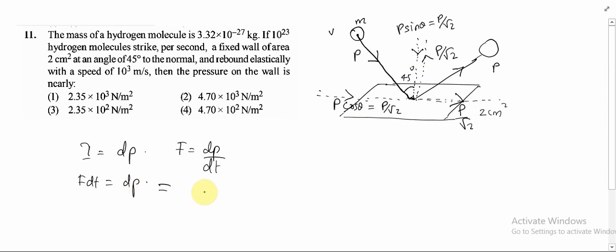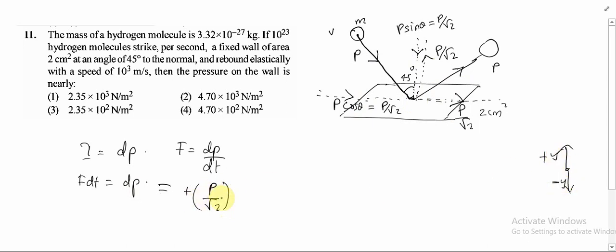That will be, if we take p by root 2 as the positive y direction, the final momentum will be positive, since this direction is taken as positive and the downward direction is taken as negative. This is plus y direction, this is minus y direction.